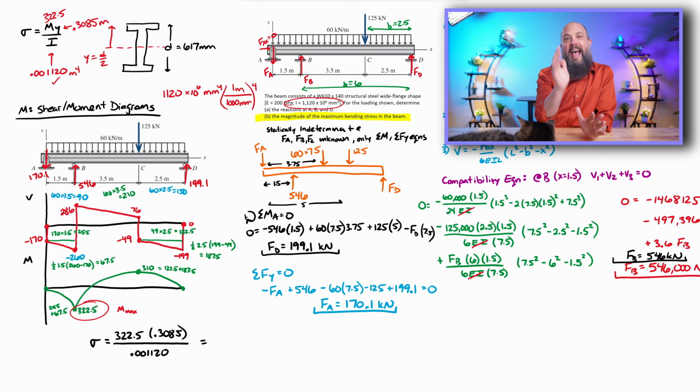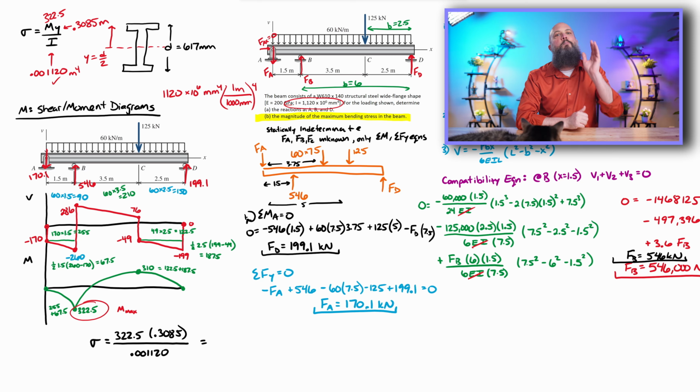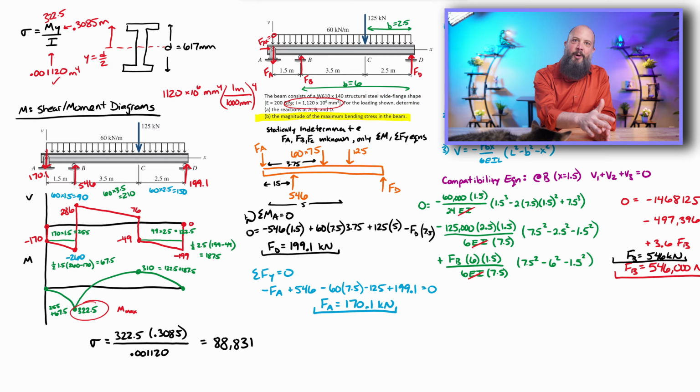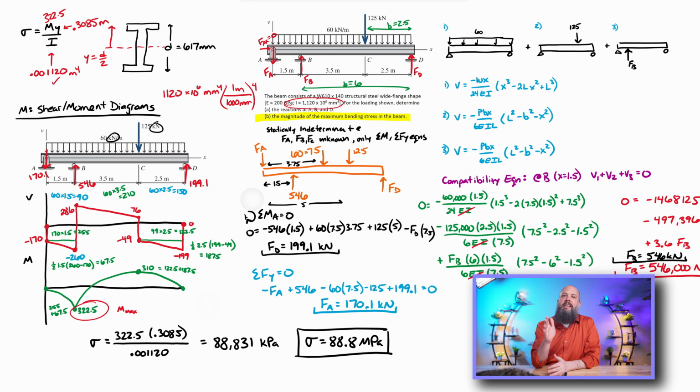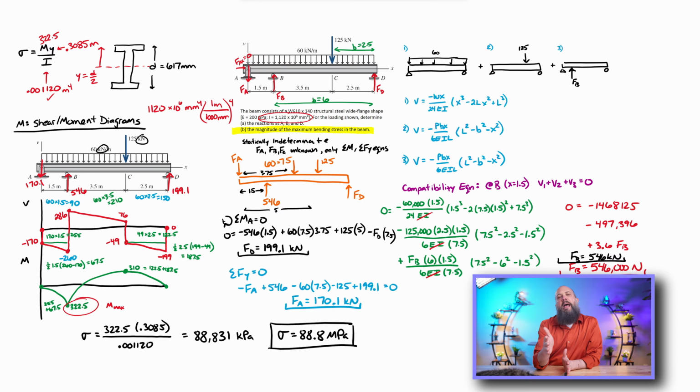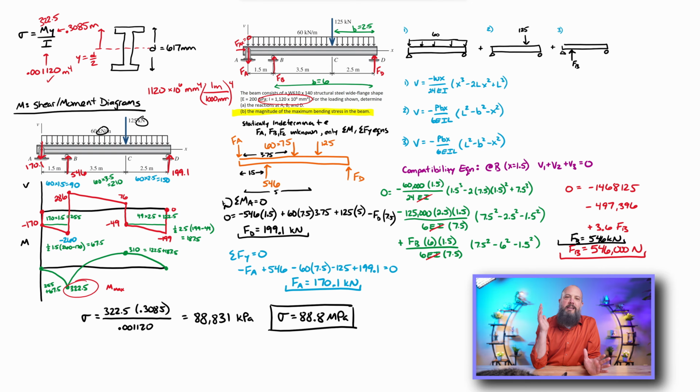So I can plug that in for M, multiply by y, divide by I. So finally we find the maximum stress in the beam, which will be at point B, because that's where the maximum moment is: 88,000 kilopascals. Now, why are we in kilopascals? Because again, I was lazy and did not convert my forces to newtons.